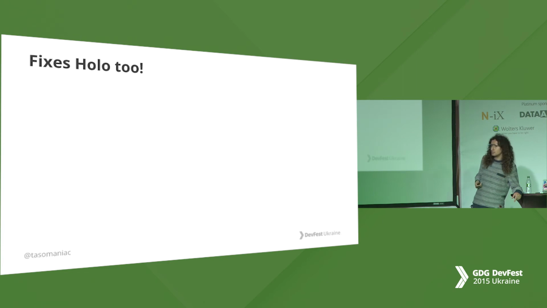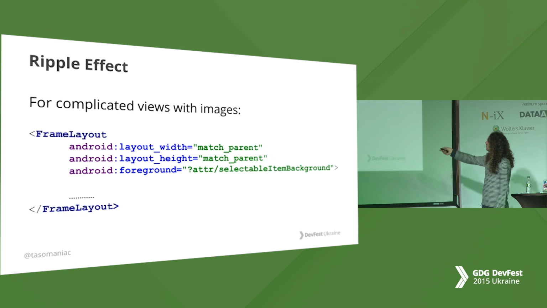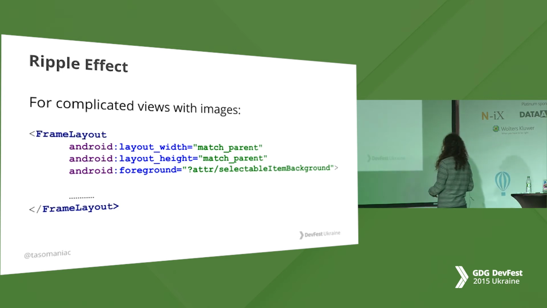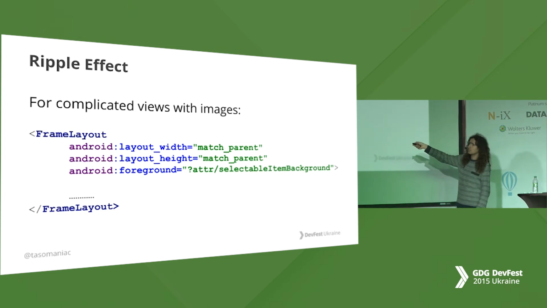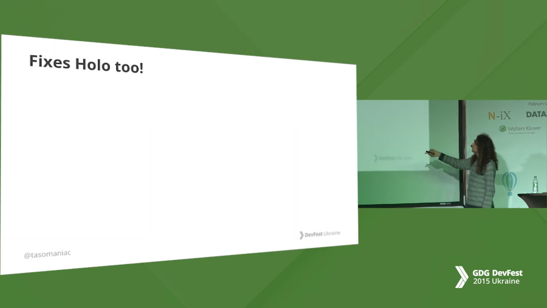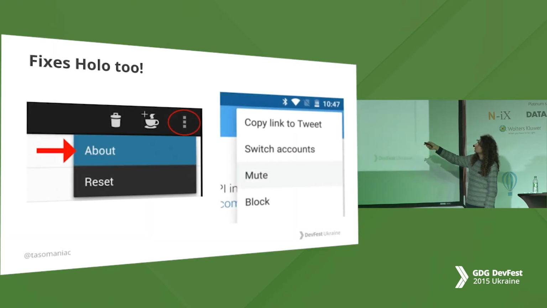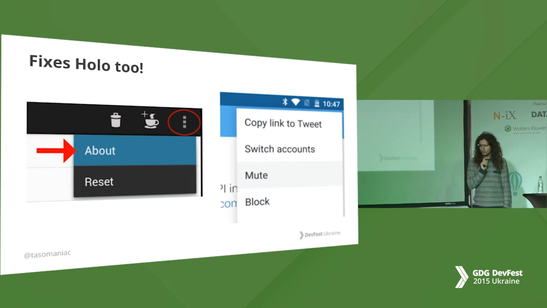Yeah. So the other nice thing is that you can use the platform version of the selectable item background. But what is different with this Appcompat version is that it fixes the old devices too. So for example, before KitKat, all the default touch feedbacks were blue.